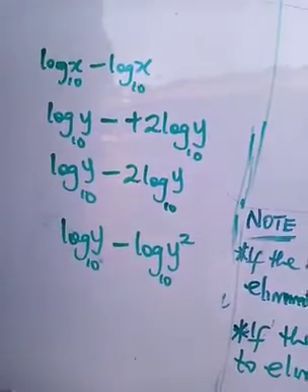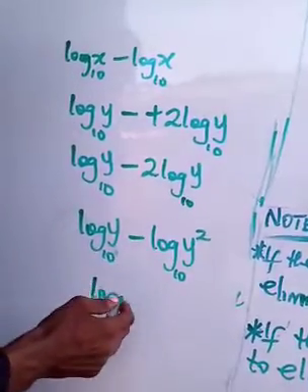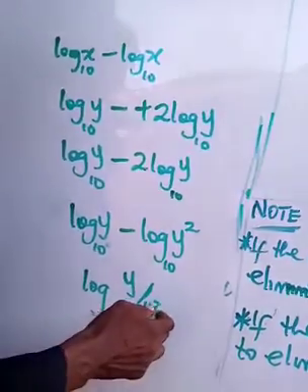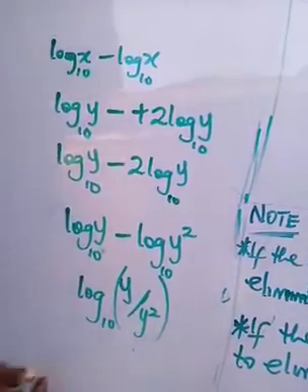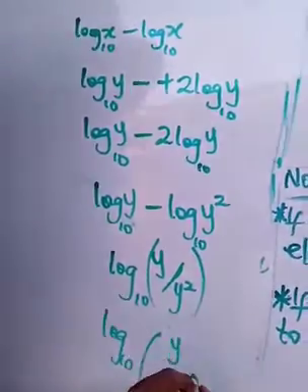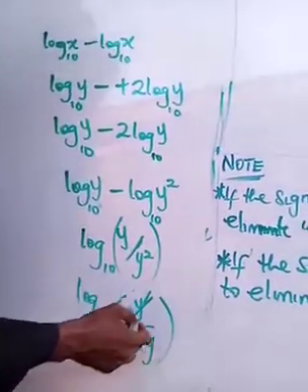I'll show you another way. So from there, this is log y over y squared according to that rule. This y squared means y times y, so this cancels this.